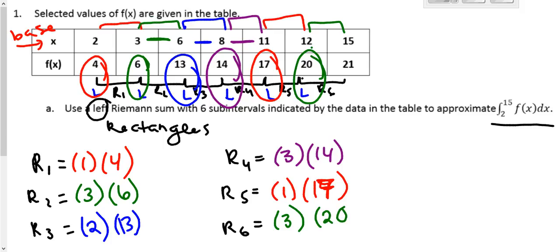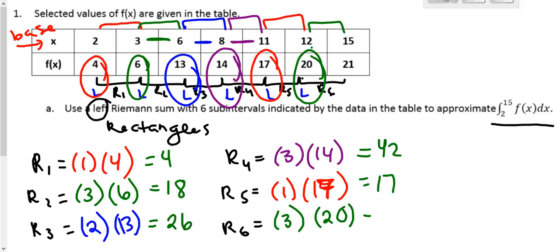So we multiply all these out and add them up. So this is 4, 18, 26, 42, 17, and 60.